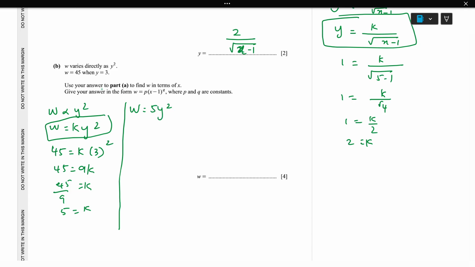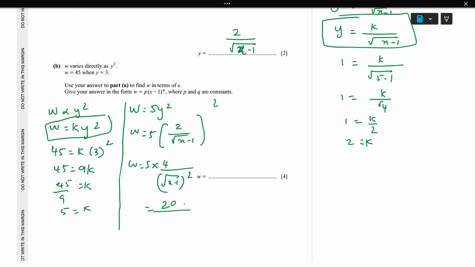Next one, use your part A to find w in terms of x. We need to get rid of this y, so we use the y from the previous part. So w equals 5 times y squared. The y value we got is 2 over the square root of x minus 1, whole squared. So w equals 5 times 2 squared, which is 4, over the square root of x minus 1, whole squared. The numerator is going to be 20.